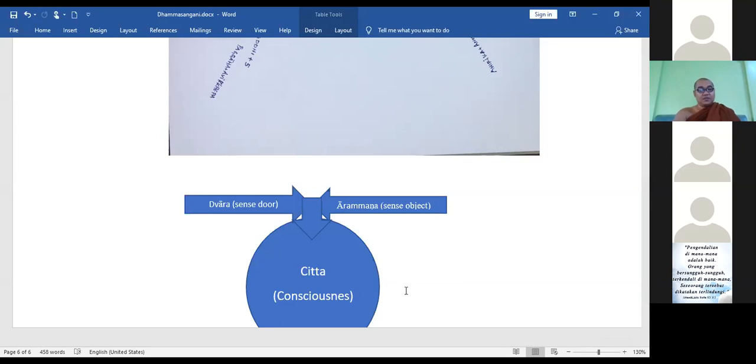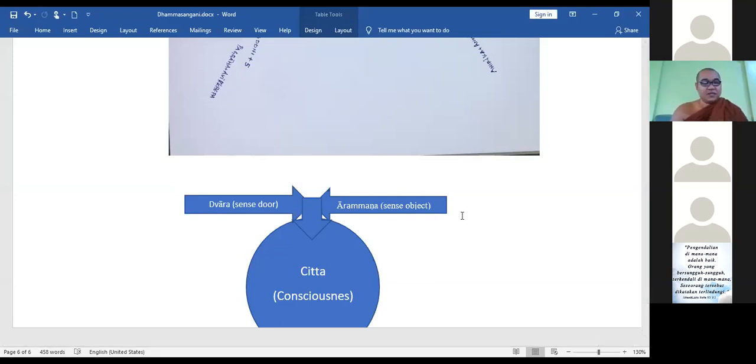Something here means rupa, it may be rupa arammana. Every day and night we are encountering six objects: visible sight, sound, smell, taste, touch, and also thought. So sight, sound, smell, taste, touch, thought.